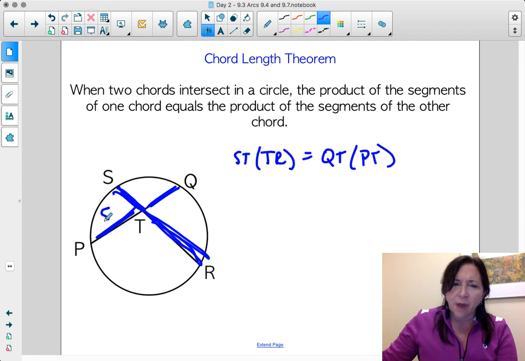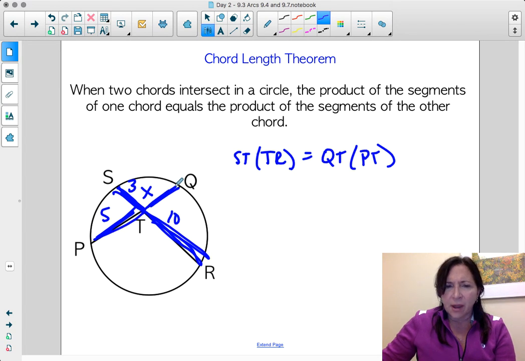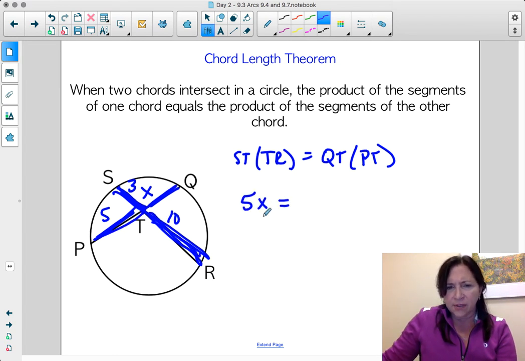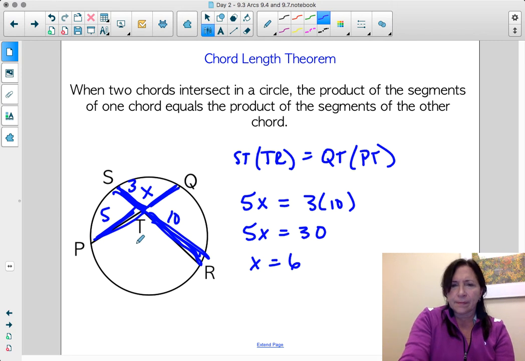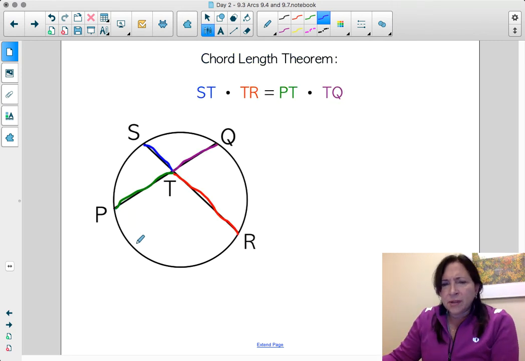So if this was 5 and this is X and this was 3 and this was 10, we would go 5 times X equals 3 times 10. So you have 5X equals 30. So X equals 6. This is just the chord length theorem.